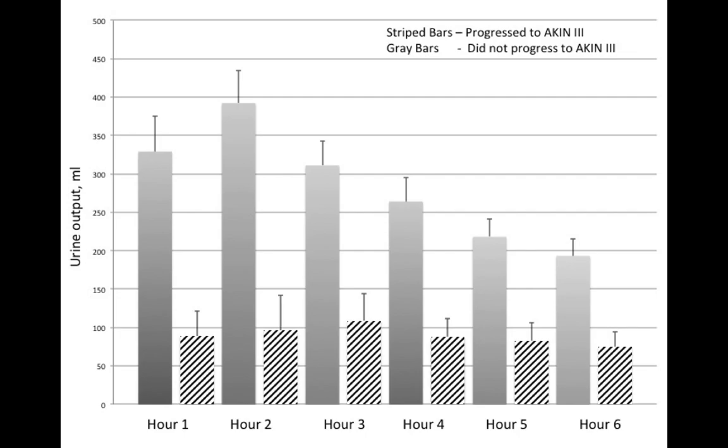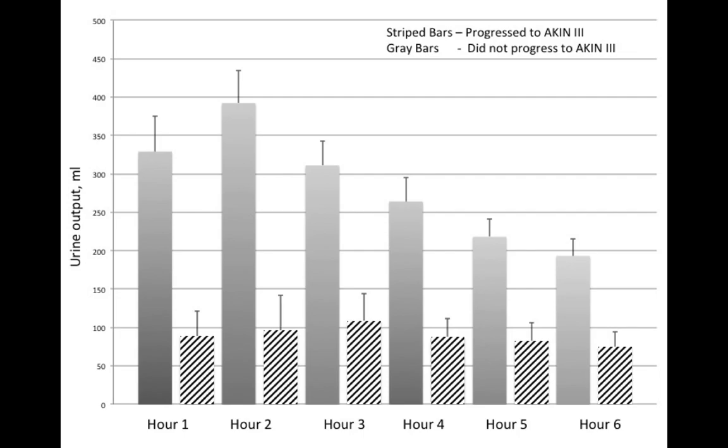Now, one of the key things in the trial, which is in the methods, but I think it's very important to point out, is that we replaced the urine output with isotonic fluid, typically saline or lactated Ringer's, but typically saline. So it was very important for us not to create any harm by potentially creating a scenario where we were volume depleting the patient.